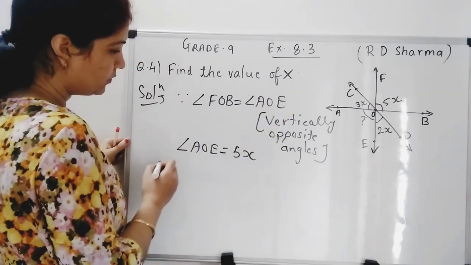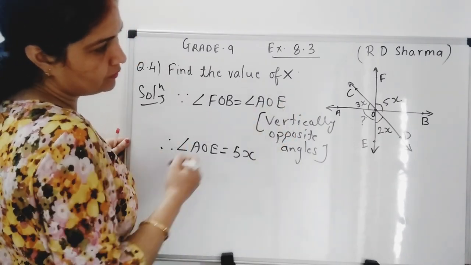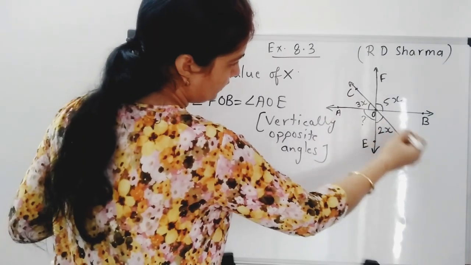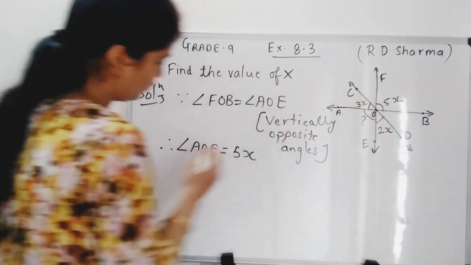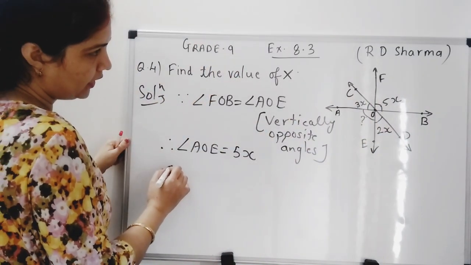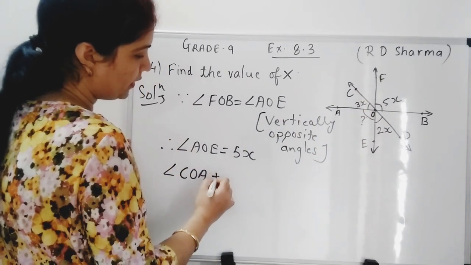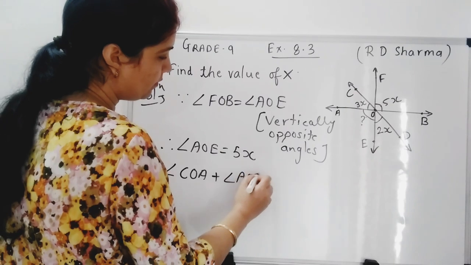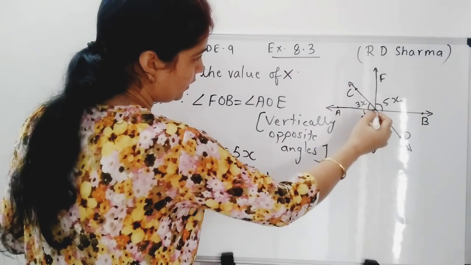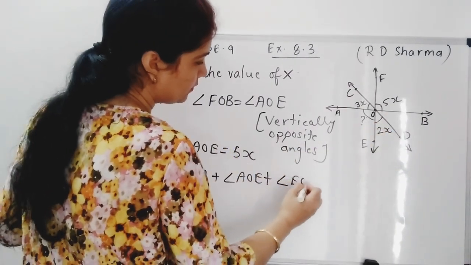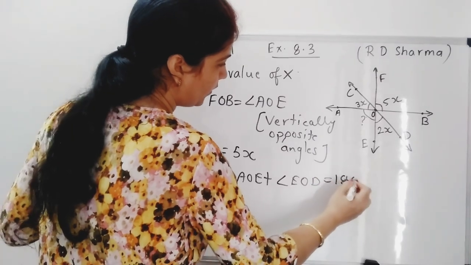Now, as we know, this is one line CD. So I can say angle COA plus angle AOE plus angle EOD equals 180. Why?